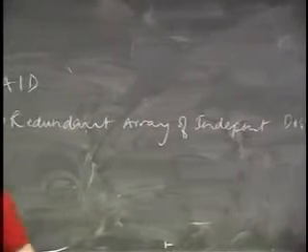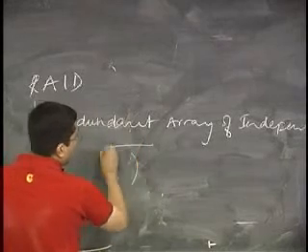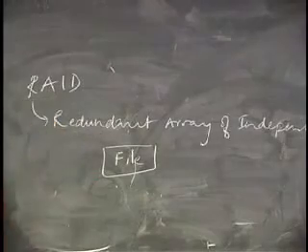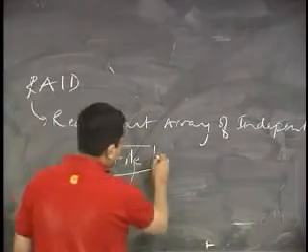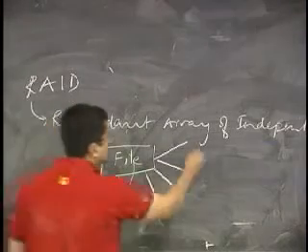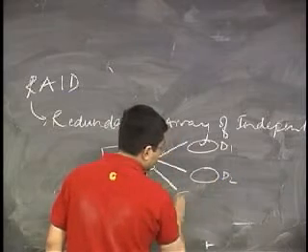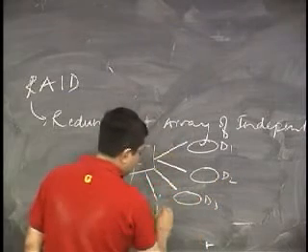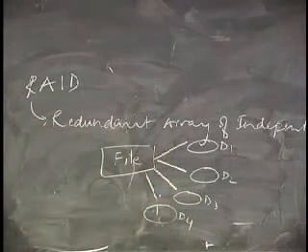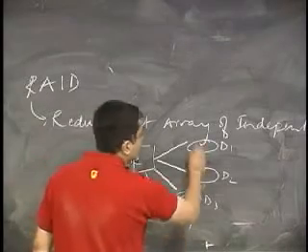If you have a data file, you can break it up and put it on different disks, so when you fetch it back, all these 4 can be read together at the same time.